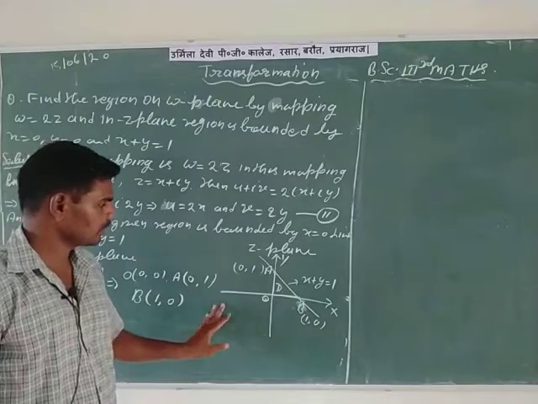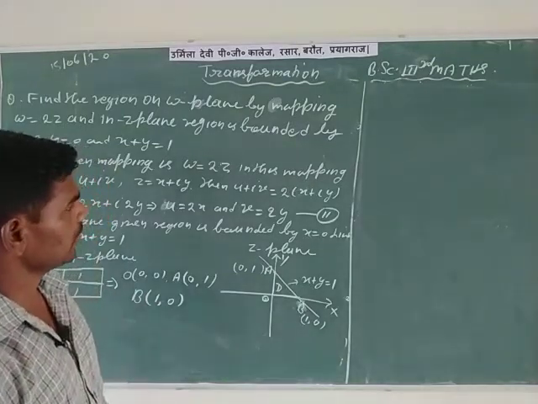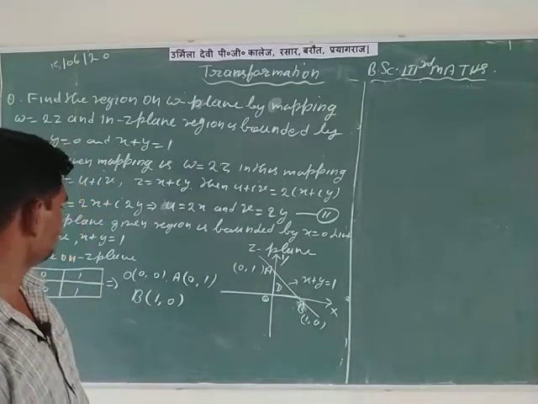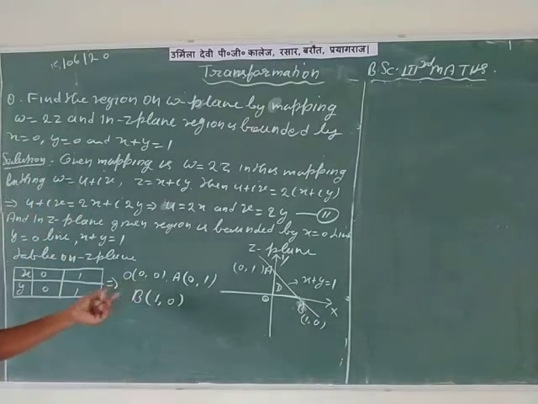After this, find the corresponding points on the W plane, meaning the corresponding point O dash.